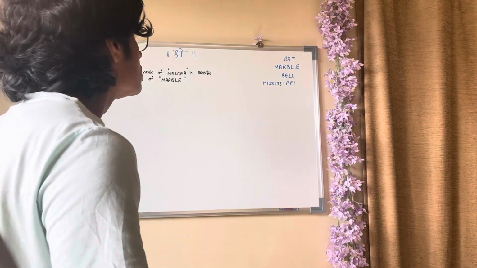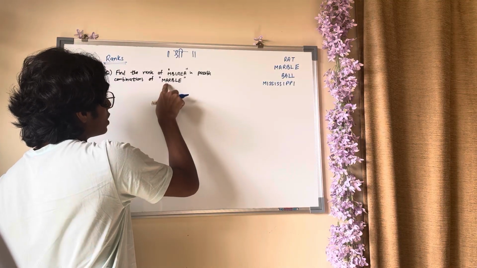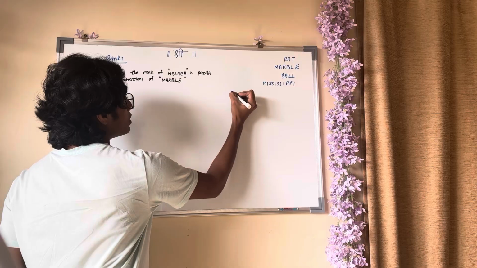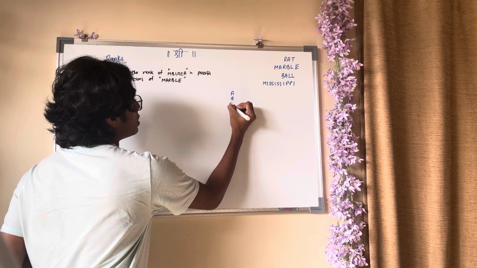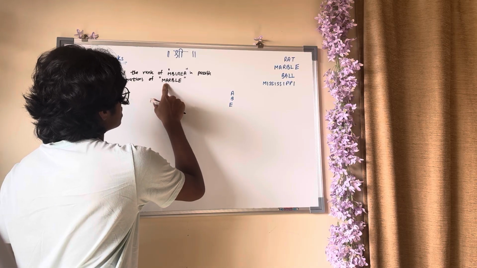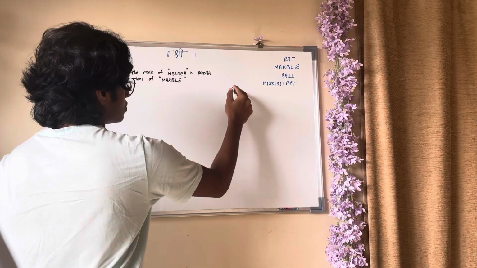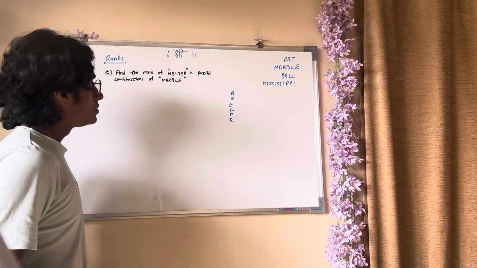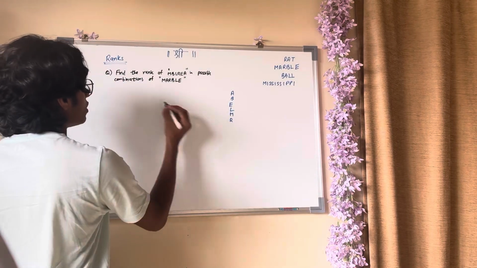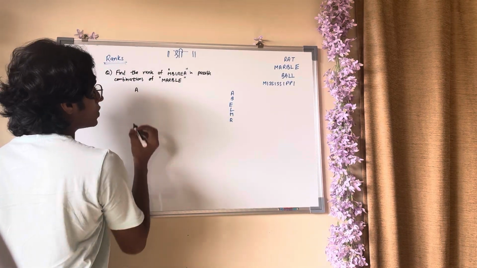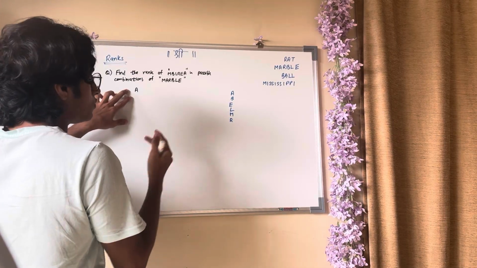Starting with the word MARBLE, here we have 6 letters, and when we arrange these 6 letters alphabetically, we get A first, then B, E, L, M, and then R. So this is the alphabetical order. Now for the first word we have A. Obviously A would be the first letter of the first word.